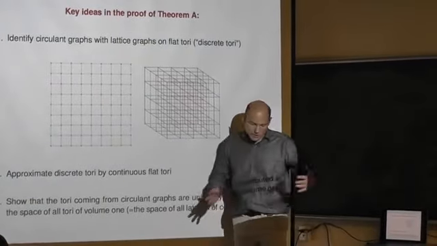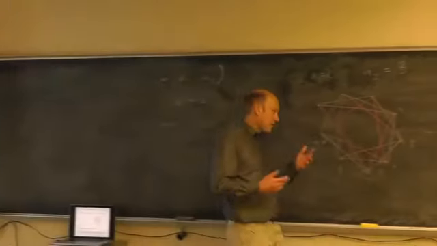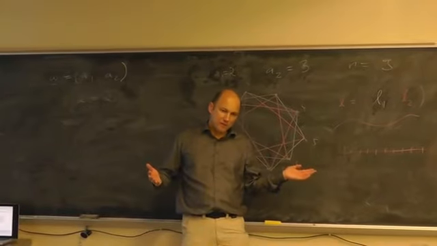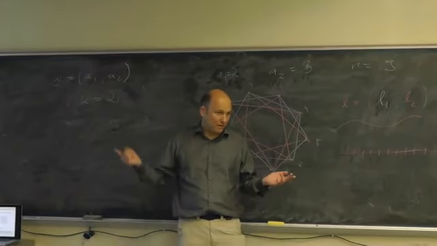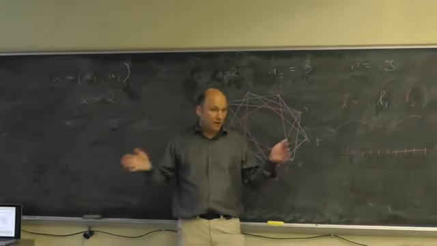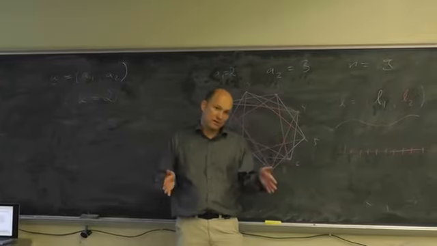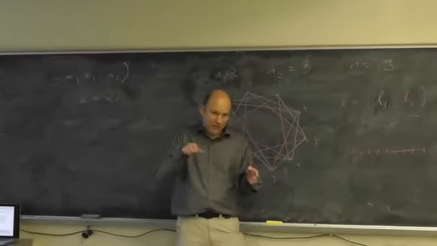Now then, when we are interested in the asymptotics for large n, large number of vertices, what you can show is that the diameter of these discrete tori is approximately given by the diameter of a continuous torus with respect to the L1 metric, the Manhattan metric.